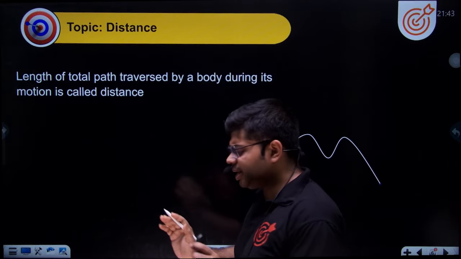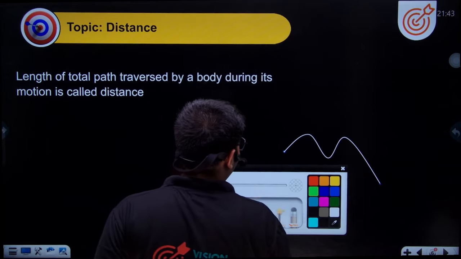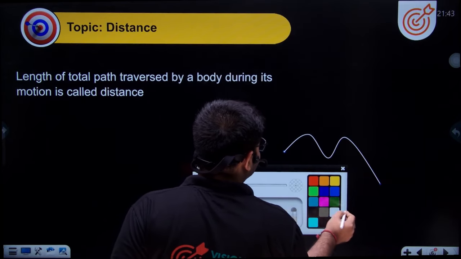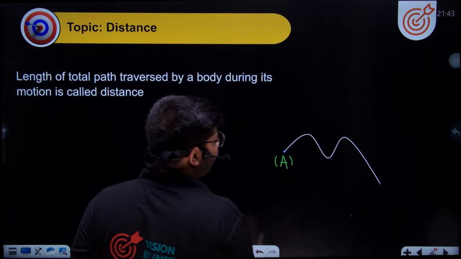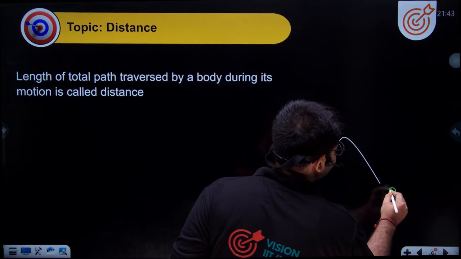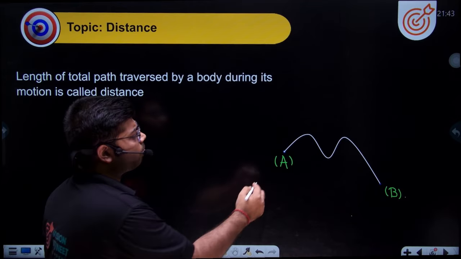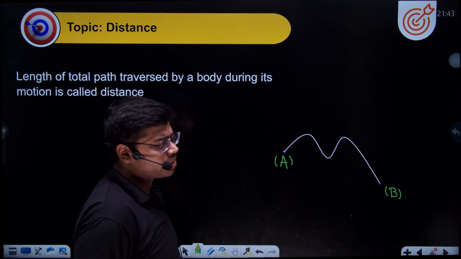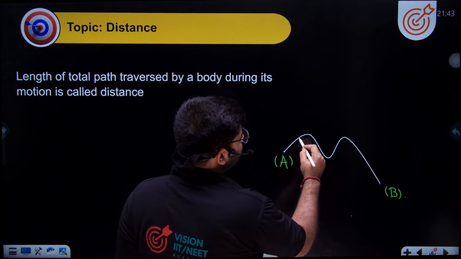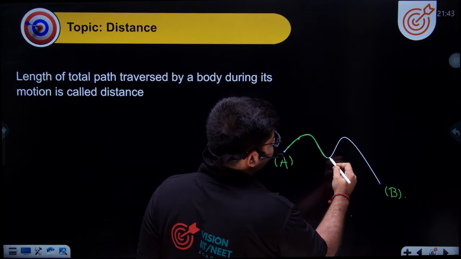Let us put it in a very simple manner. Say for example, this is my point A, and this is my point B. Now, suppose you have traveled from point A to point B like this. This is the path that you have traveled.